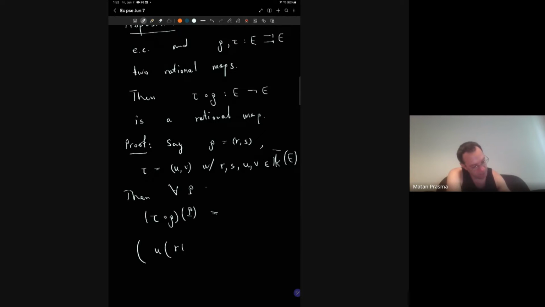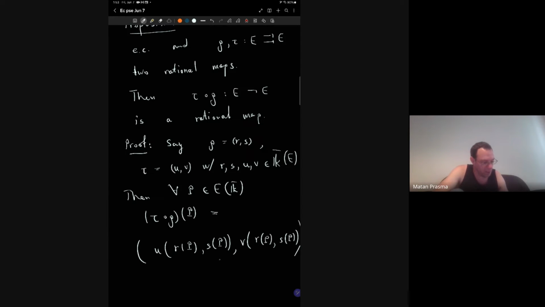So for any P in E over K bar, tau composed rho of P is: you take r of P, s of P, and you plug it into u. And in the second coordinate, you do the same thing for v. You take r of P, s of P, and you plug it into v. This is, by definition, composition.